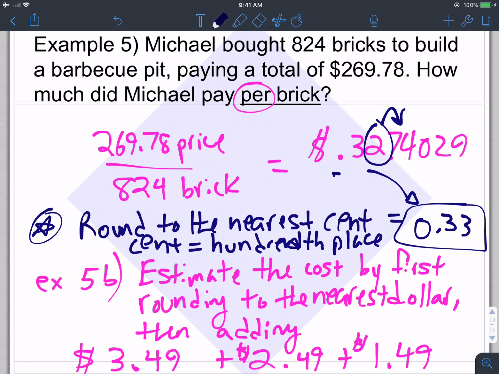Similar one that I encourage you to take a look at. Estimate the costs. Let's say you go to the grocery store, or you're going to 7-Eleven or something like that. And it says, estimate the cost by first rounding to the nearest dollar, then adding. So you have $3.49, a bag of Doritos, my favorite. $2.49 is a 20-ounce Coke. $1.49 is, I don't know, coffee.